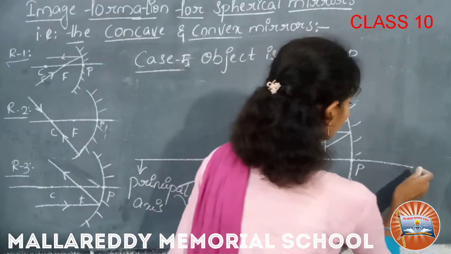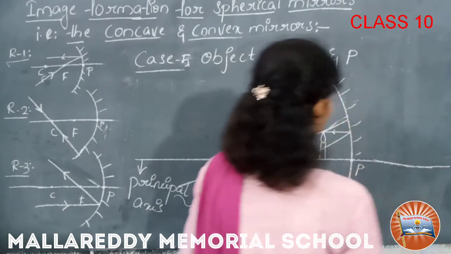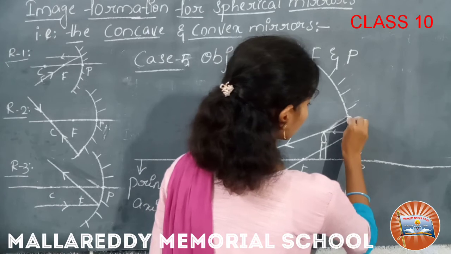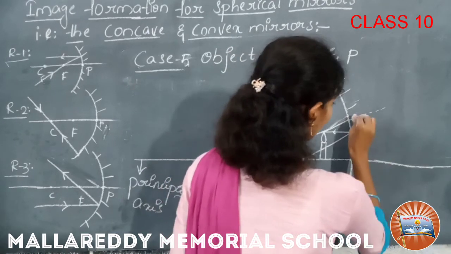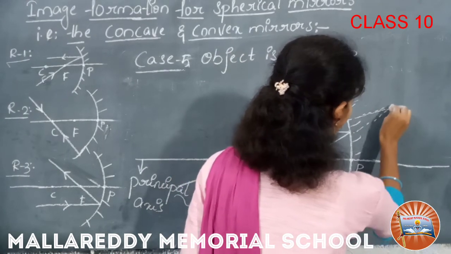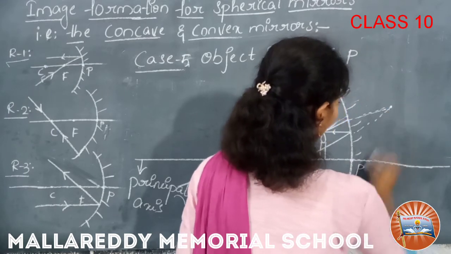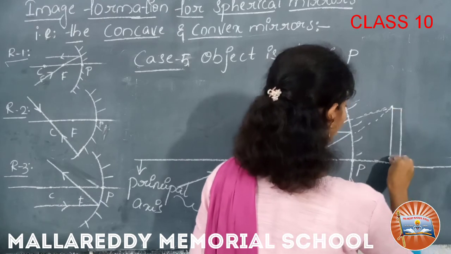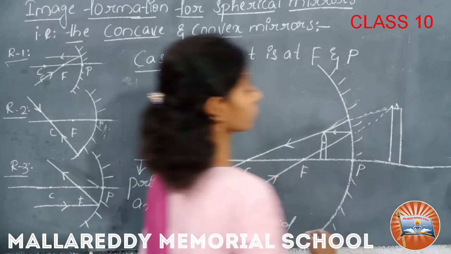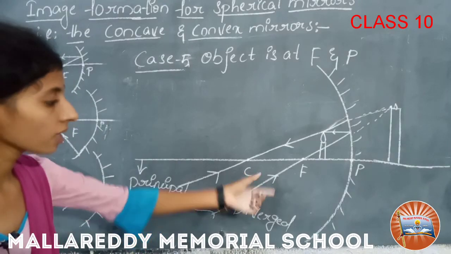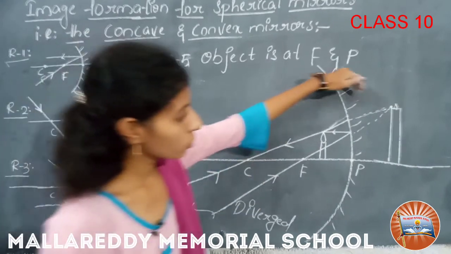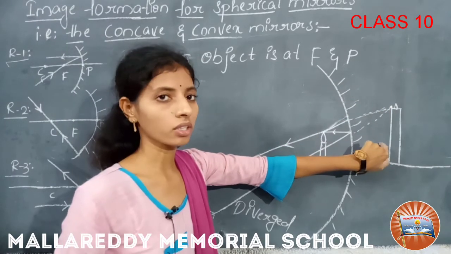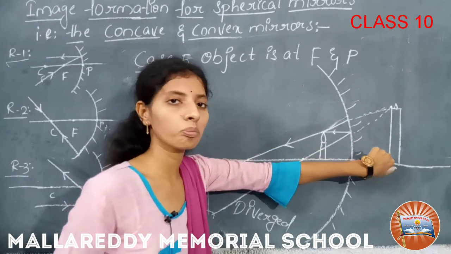So when we are increasing the reflection, at the back side these two rays will meet at one point. Okay, so here the image will form. Now here we are taking the reflection to the back side of the mirror. Now here we are getting the image behind the mirror.